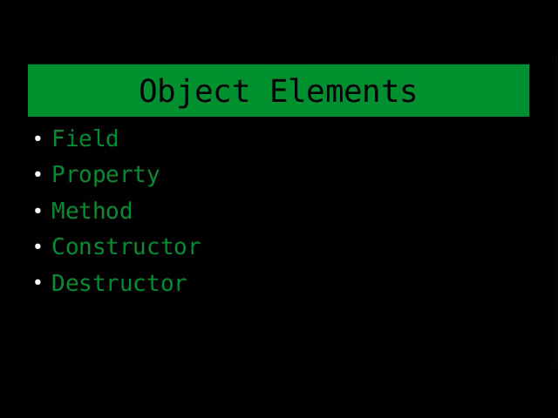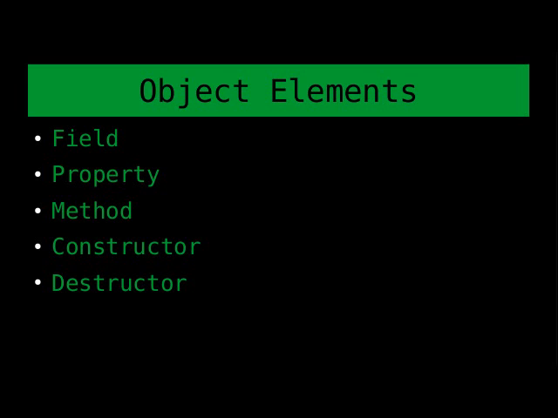Now, fields are the most commonly supported member of an object across most languages, followed by methods. The others, the properties, the constructors, the destructors, and all the other stuff, are not as common.